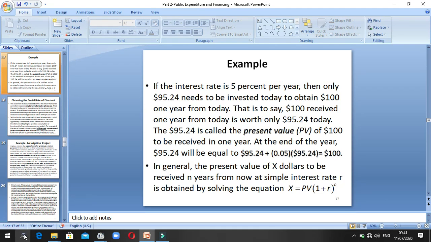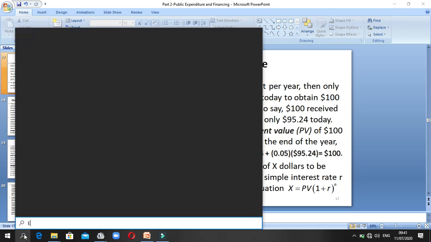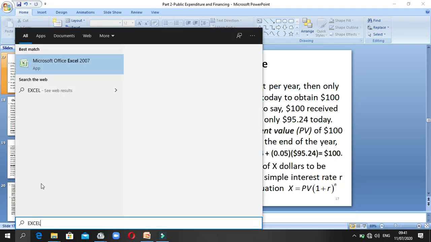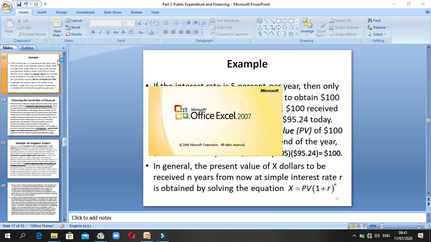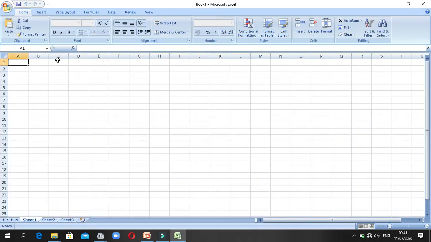Let me do it in Excel to make it clearer how to generate the amount of money in the future.